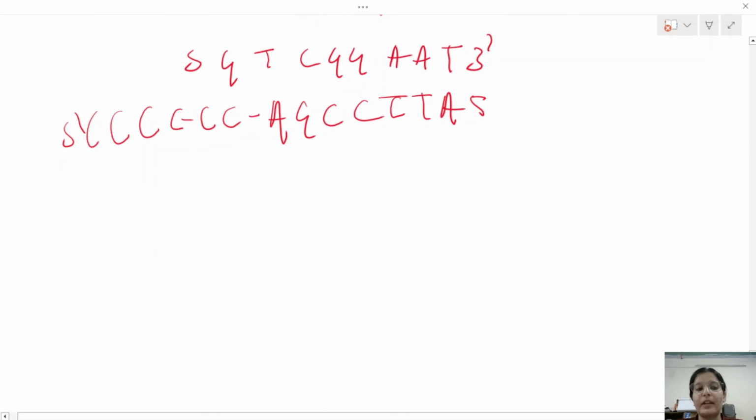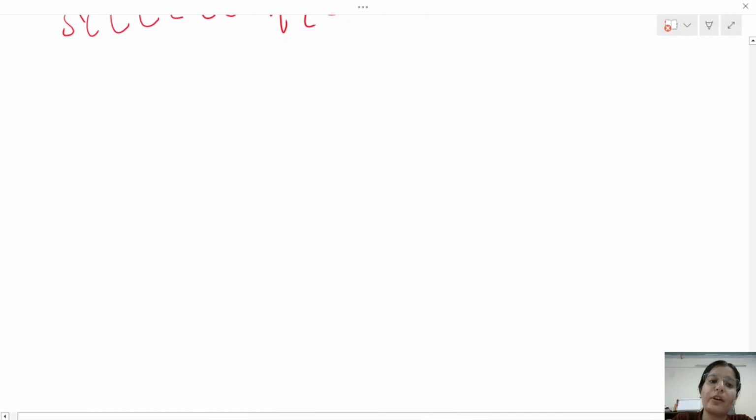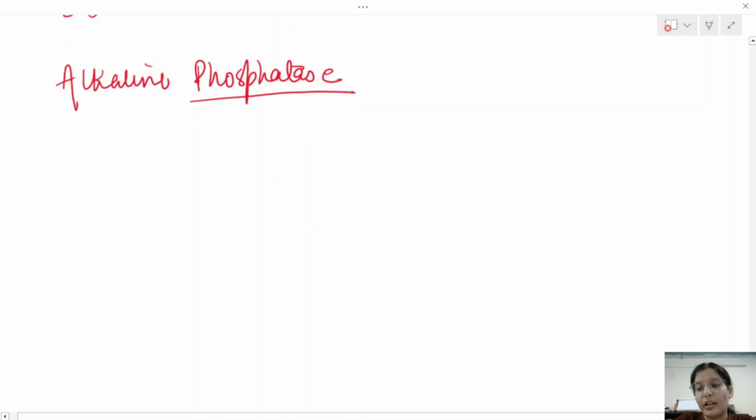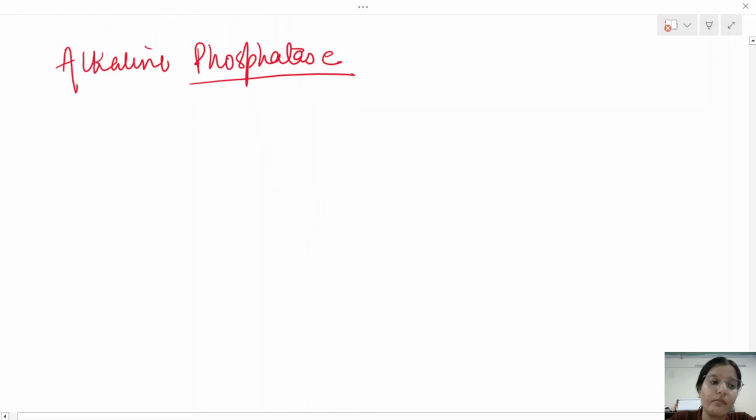So next comes alkaline phosphatase. Anywhere the term phosphatase comes, it means removal of a phosphate group. It is usually obtained from the sources E. coli or calf intestinal tissue.